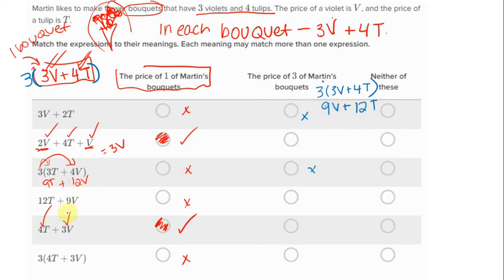Yep. 12t. That's 3 bouquets, so that one would work. And you already used, and this one, this would be 12t plus 9v, which is exactly what we're looking for, so this one would work.